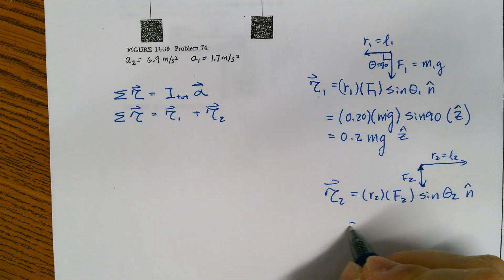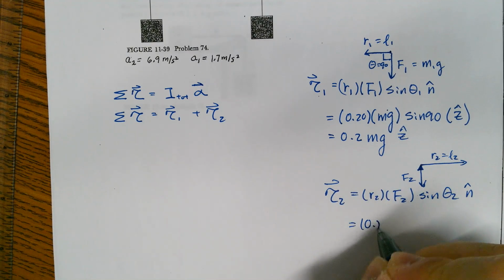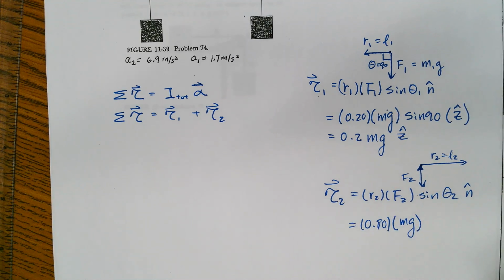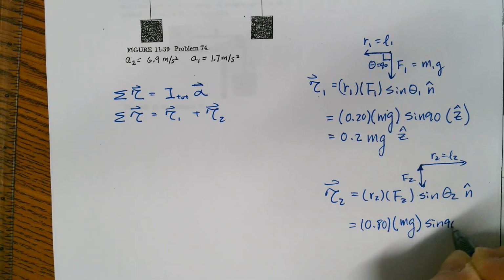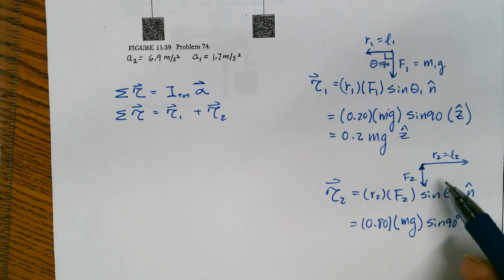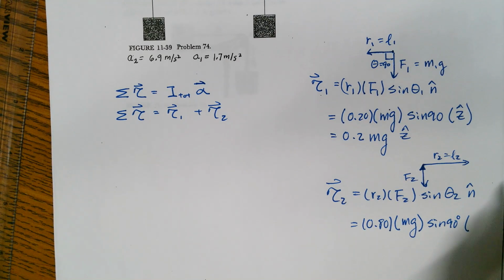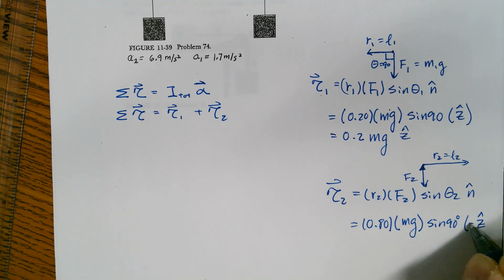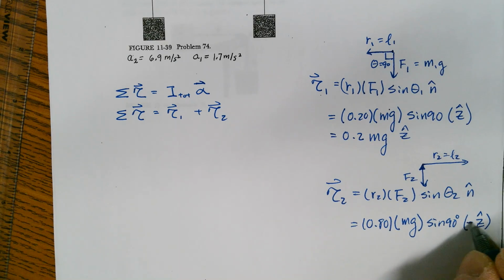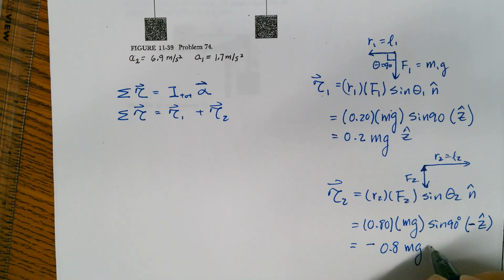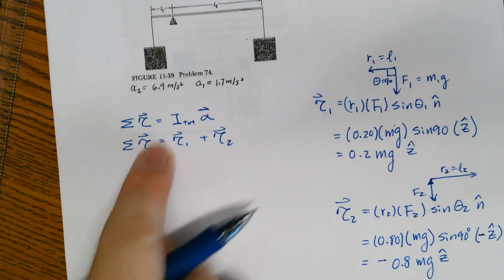So R2 is 0.8 meters times F2, which is still mg, times sine of 90 degrees. And the direction of R2 cross F2 is negative z hat. Good. So this would be negative 0.8 mg z hat.